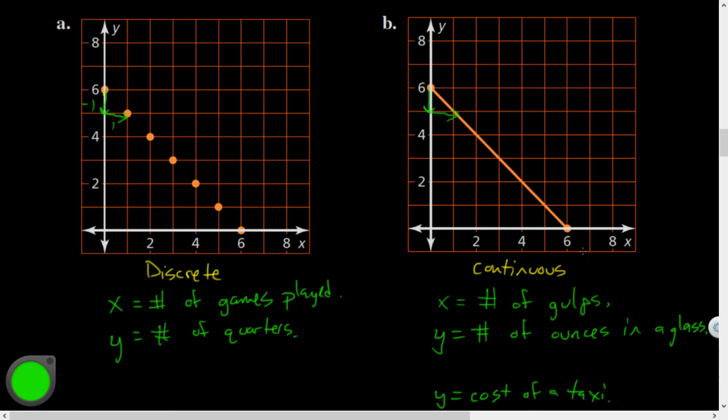That work? Well, that is a continuous situation because you could drive fractions of a mile. Let's see, 50 cents per mile. So your cost is 50 cents for every. No, I don't think their example works.